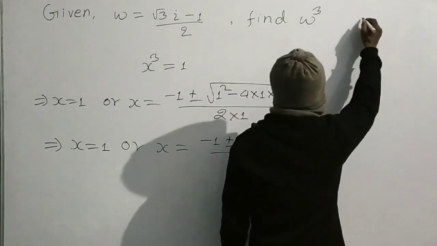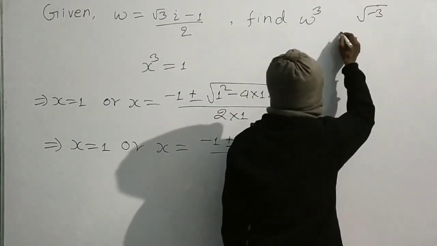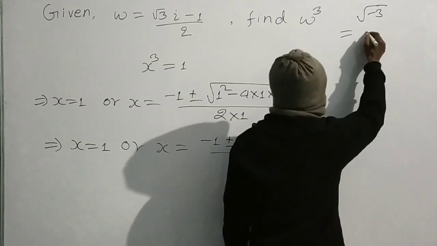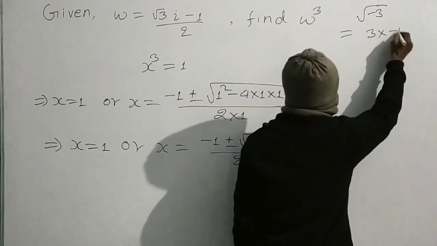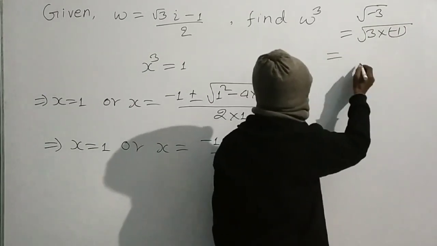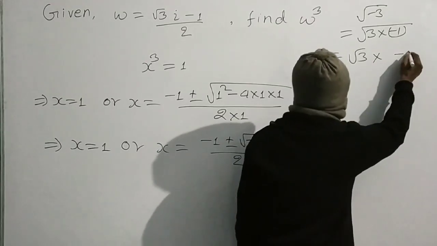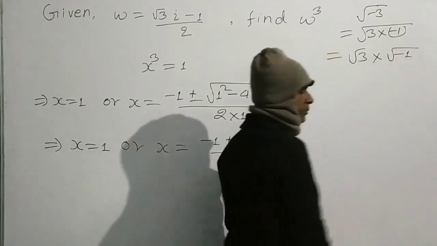Root under minus 3 is equal to root under 3 times minus 1. This will be equal to root of 3 times root of minus 1.